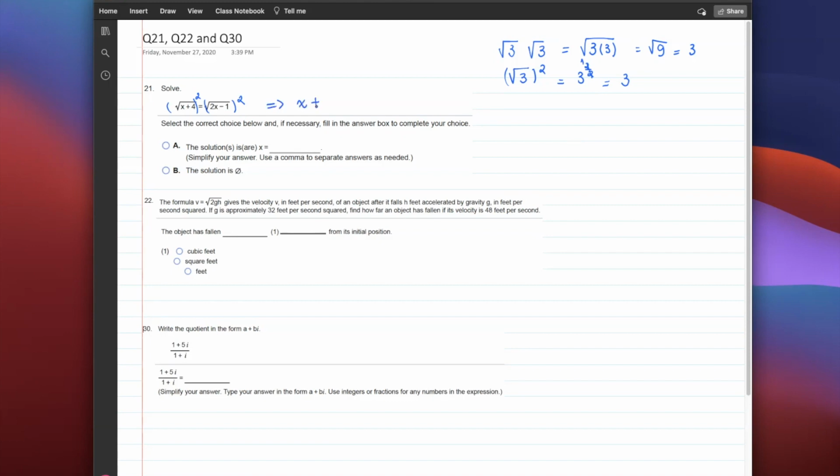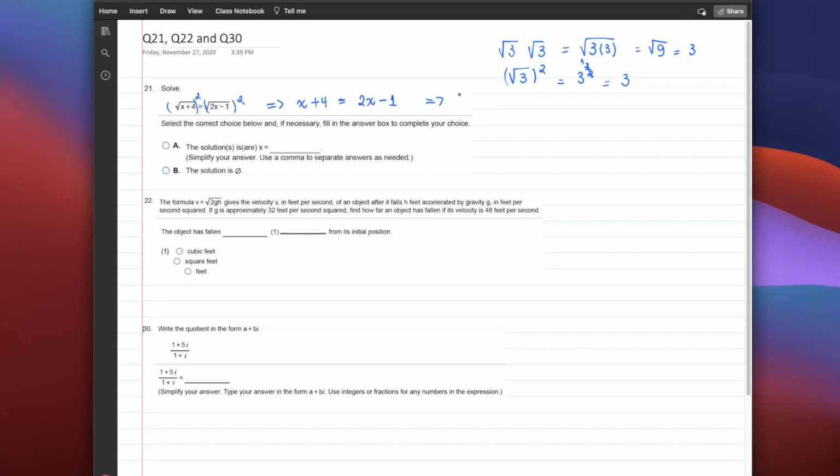So I have x plus 4 equal 2x minus 1. By squaring both sides, I didn't modify the statement. I just found an equivalent statement that still holds true. Now this is a linear equation, and I know how to solve it. I will first bring x to the left side and the number to the right side.